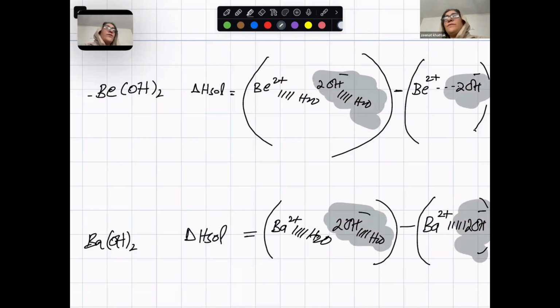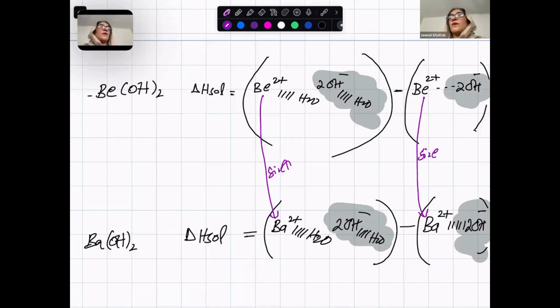No. Down the group? So where is the difference? Is the size increase? Yes. Attractive force is weaker. Suppose it is minus 1,000 that is released. Beryllium attracted by water, hydroxide.